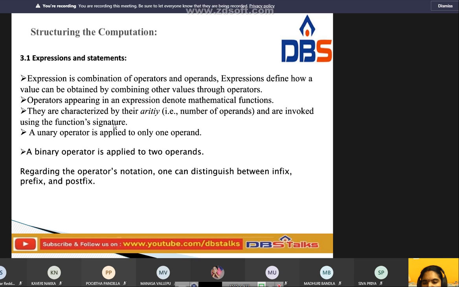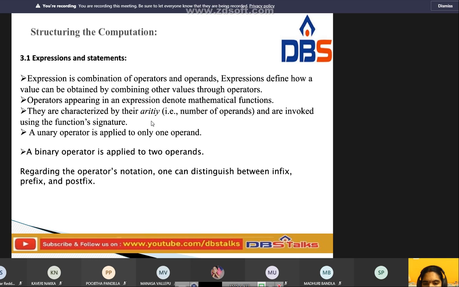Next point: operators appearing in an expression denote mathematical functions.